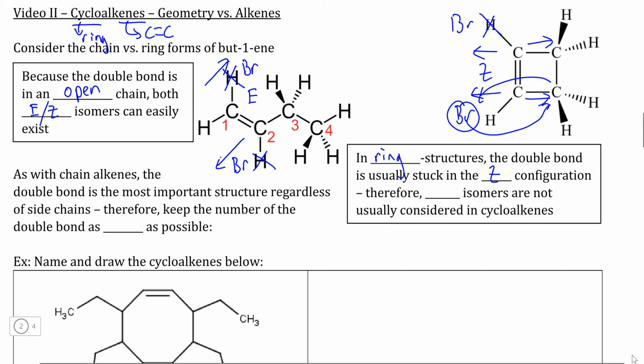Therefore, because ring structures with a double bond are basically locked in the Z configuration semi-permanently, most of the time we do not consider E/Z isomers at all in cyclic alkenes that we see here.